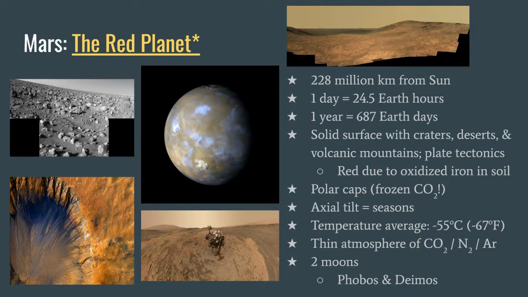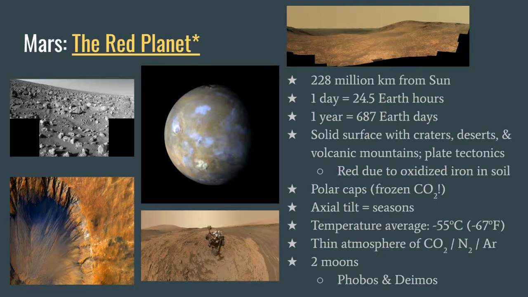A solid surface with craters. It has desert and volcanic mountains, the plate tectonics as well, which I kind of just discussed. And it is red due to the oxidized iron in the soil. It has polar caps, frozen carbon dioxide, and it also has an axial tilt, which means that it also experiences seasons.